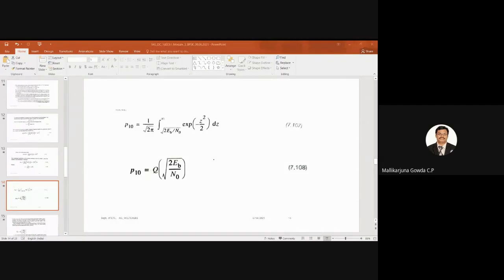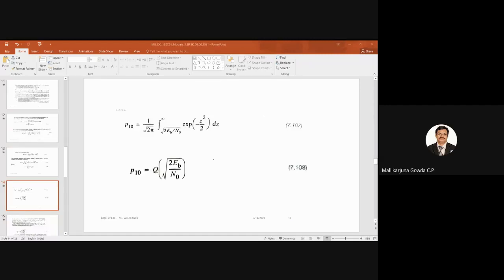P10, which is equal to 1 by root of 2 pi. So limits have been changed, right? Initially it was from 0 to infinity. Now, since I'm letting z equal to root of 2 by n naught of x1 plus root Eb, the limits have been changed from root of 2 Eb by n naught to infinity. And it is in compact form. So e power minus z square by 2 into dz.